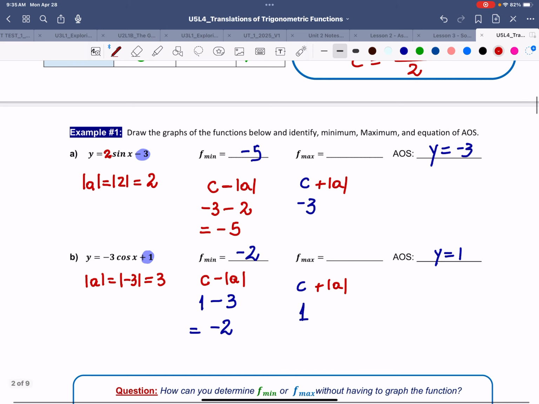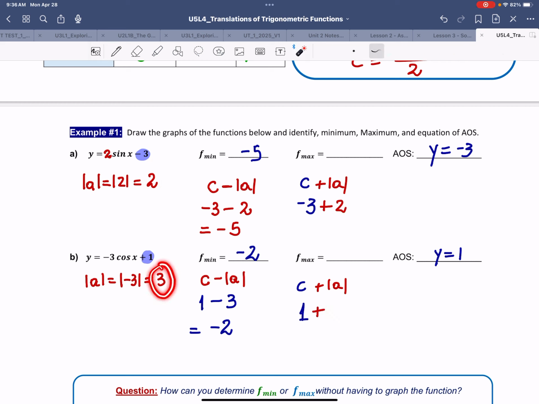Now the amplitude for the first function is equal to +2, so we add 2. And the amplitude of the second function is +3. Remember, amplitude is positive. So that will make the maximum value of this function equal to -3 plus 2, that is -1.